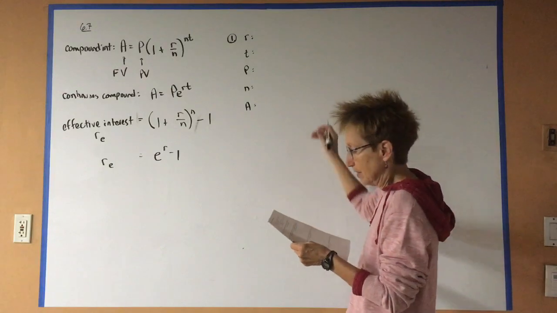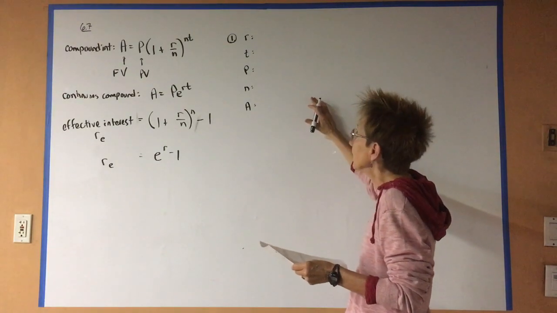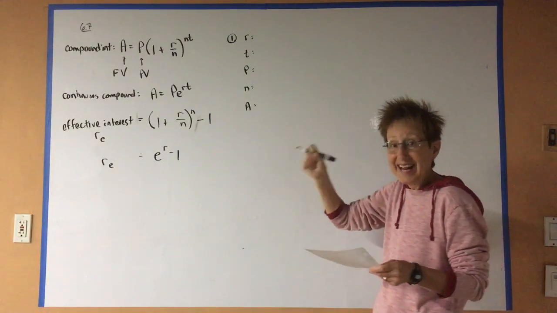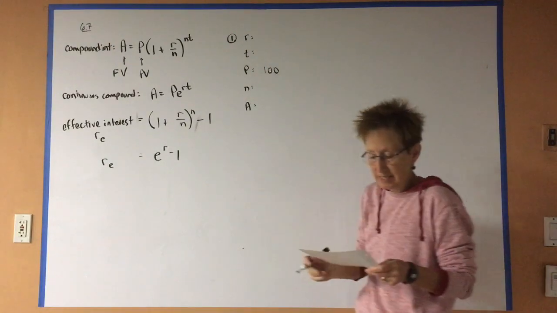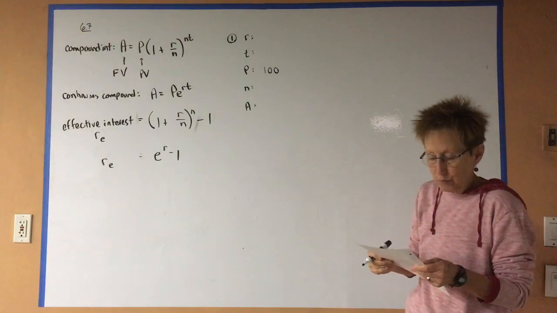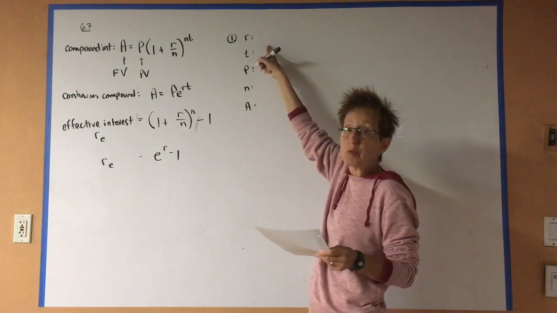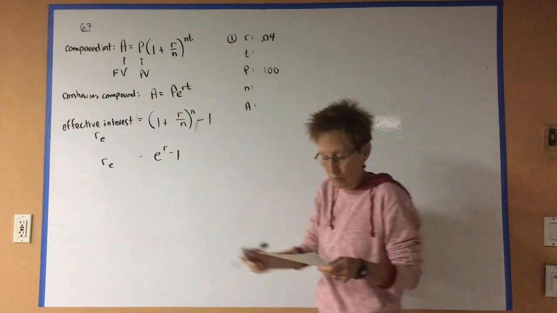So in this problem, how much money will Joe have if he invests $100 at 4%? So the $100 is what? That's how much money he has right now, present value. P is 100. 4%, that's my interest rate, right? But instead of writing 4%, I'm going to write it as a decimal, which is 0.04.